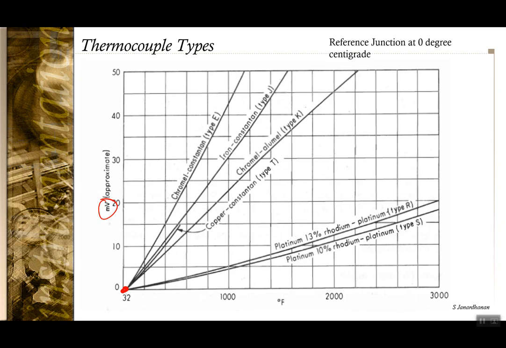Various types of thermocouples, various junctions are used. You have chromel constantan here, iron constantan here, copper constantan here, and platinum rhodium versus platinum here. Depending upon the temperature range that is being measured, different thermocouples need to be used.